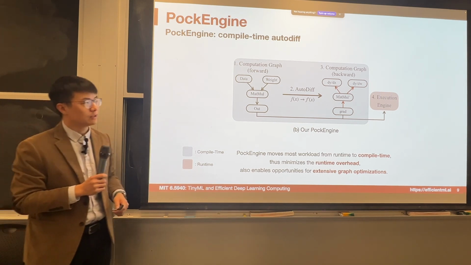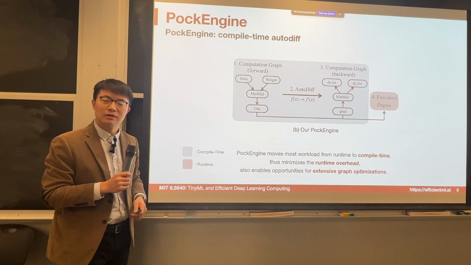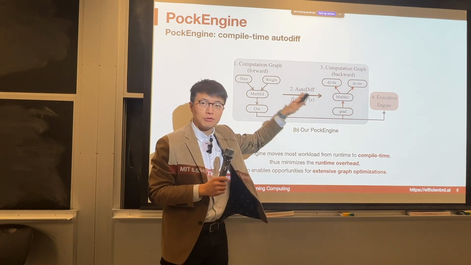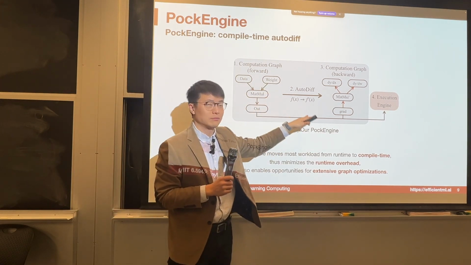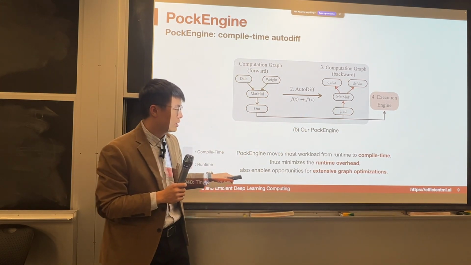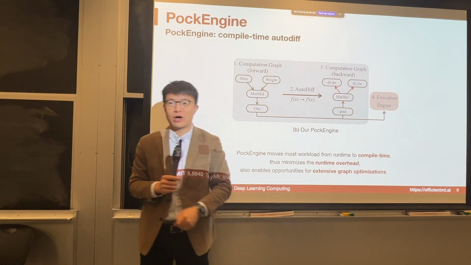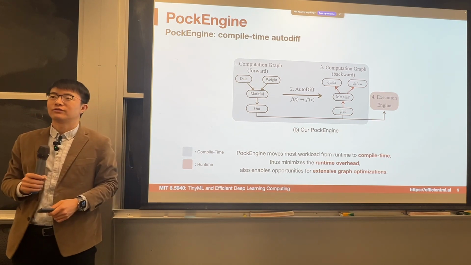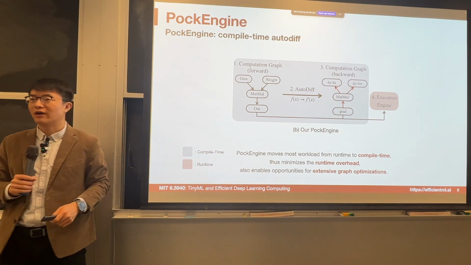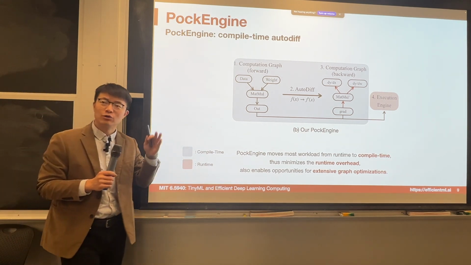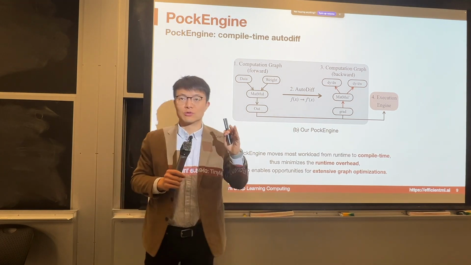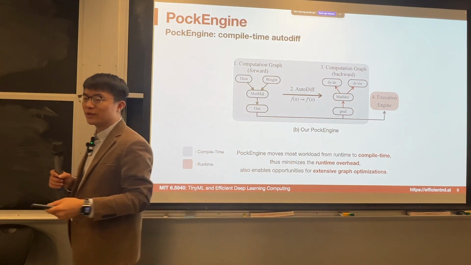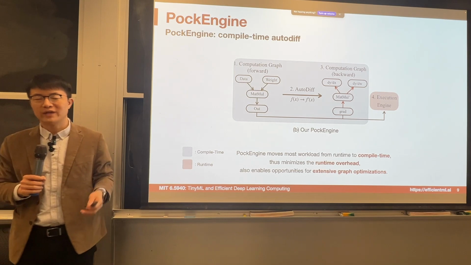What is the other advantage? You can do this kind of very careful planning during compile time. For example, you can do a lot of extensive graph optimizations. We can prune the computation graph to eliminate dead code, those tensors that don't need to be executed and don't need to be updated.